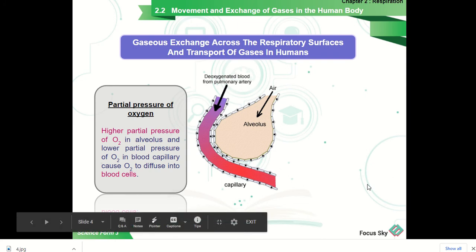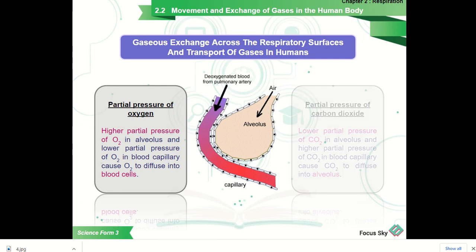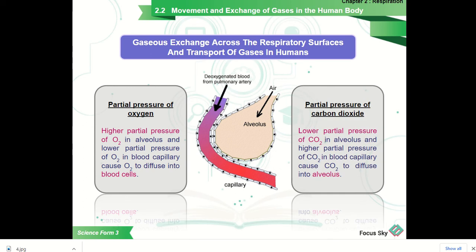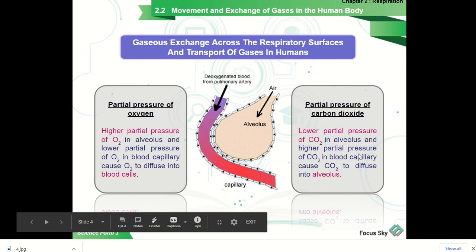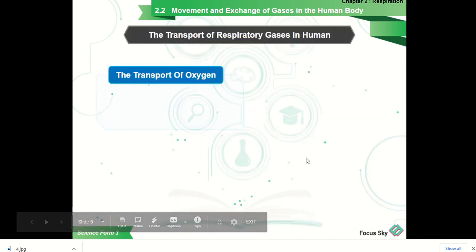Okay, dah habis gunakan consumption of oxygen tu tadi, and then dia akan serahkan semula carbon dioxide pada red blood cell ni tadilah, untuk kita singkirkan proses breathing pula. So ni kita tengok pada higher partial dengan lower partial sajalah. Tak ada apa sangat pun.